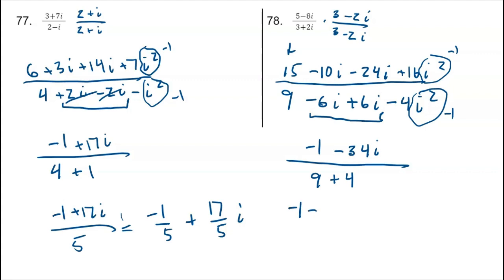So I have negative 1 minus 34i, all divided by 13. Once again, we like to write this as a complex number, real part, imaginary part, so we get negative 1/13 minus 34/13 i. There's my real part, the negative 1/13, and my imaginary part, the negative 34/13 i.